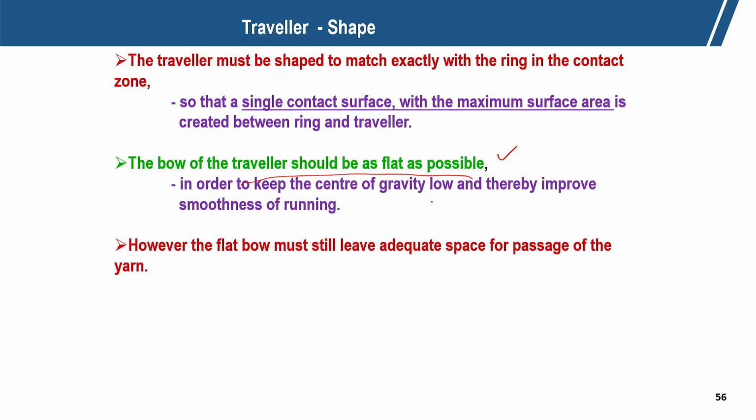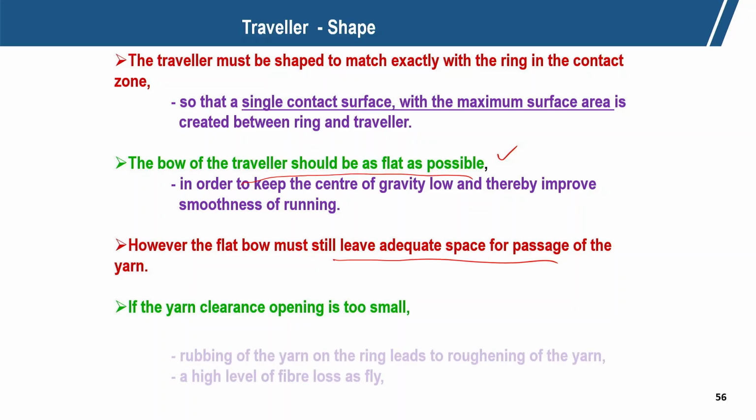However, the flat bow has a problem: it reduces the yarn passage. So, we have to take care that it does not prevent the smooth movement of the yarn. There should be adequate space for yarn passage. If the yarn clearance opening is too small, what will happen?